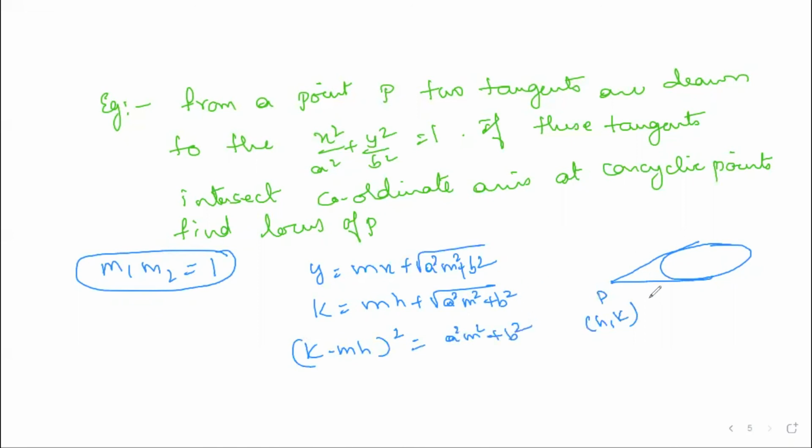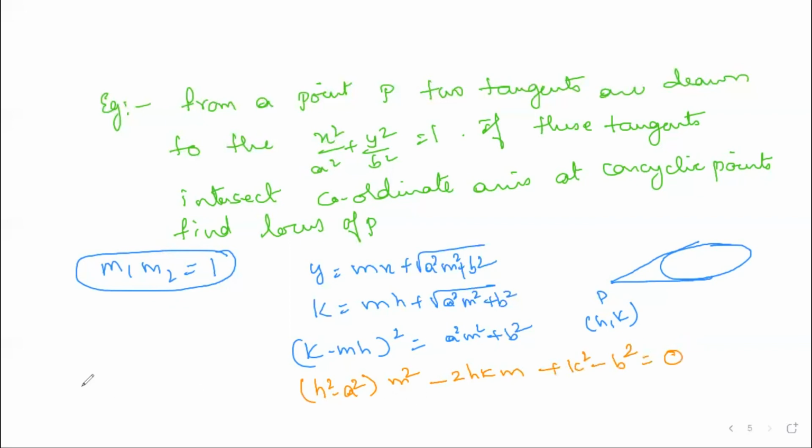Now these tangents are intersecting the coordinate axes at 4 points, so the condition we have is m1 m2 is equal to 1. In this quadratic equation in m, we can take the product of the slopes and equate it to 1. Before that, we will rearrange the equation: the coefficient of m square is h square minus a square, then minus 2hkm, plus k square minus b square is equal to 0.